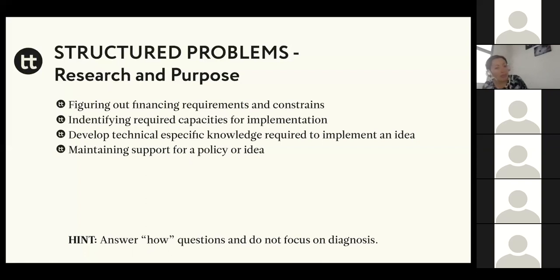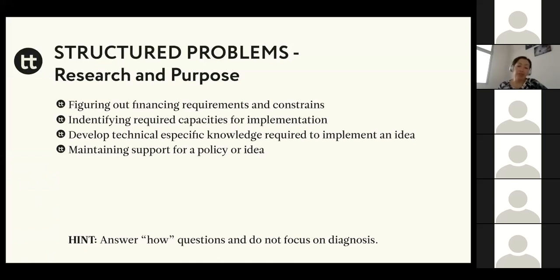It might also be that there is, for example, an existing program. People generally agree that that program is a good idea, that it solves the right problem, but the government doesn't have the capacities to really implement it successfully. So research can help identify the capacities that are required and mechanisms to build them. It is also sometimes necessary to develop the technical, specific knowledge required to implement the idea.